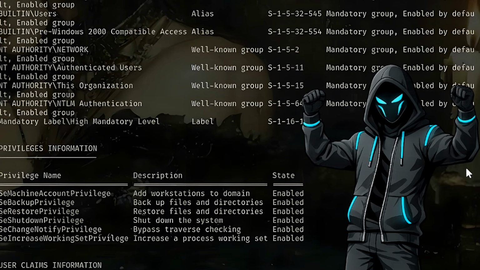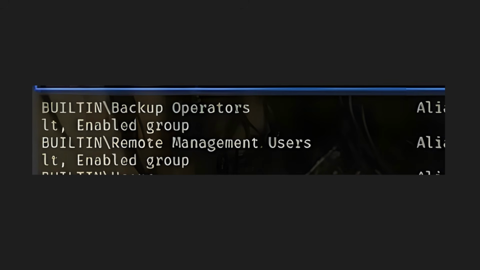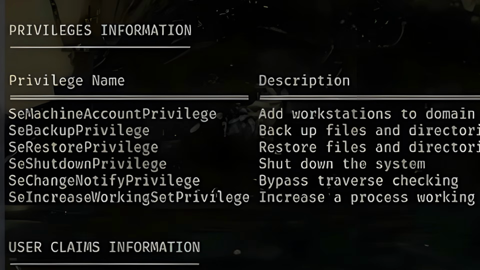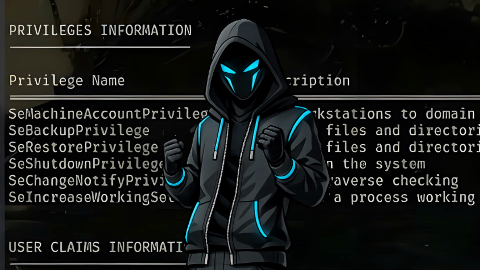Definitely, it is. Now, by the way, we can see the group we mentioned earlier, Remote Management Users. This is why we were able to WinRM to begin with, right? But the fact that we are in the Backup Operators group right here, and we also have the specific permissions SeBackupPrivilege and SeRestorePrivilege, this is for sure exploitable, and we could definitely get a privesc off of this.